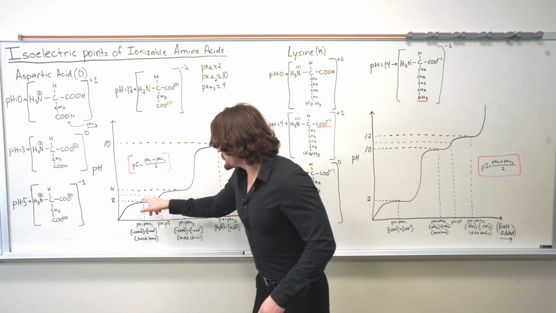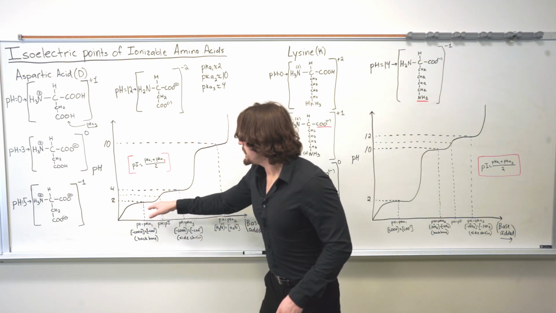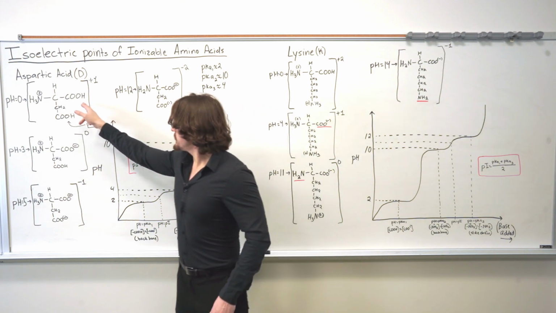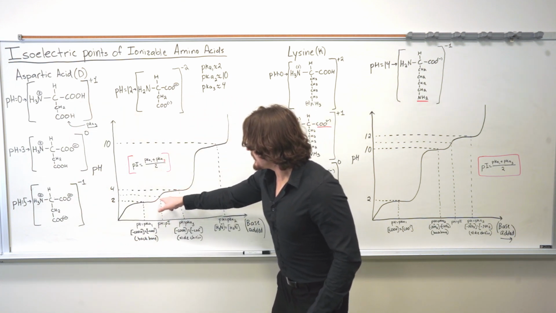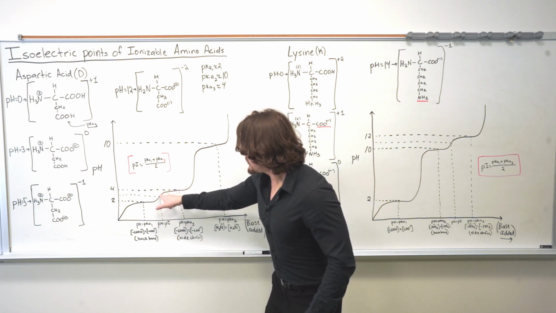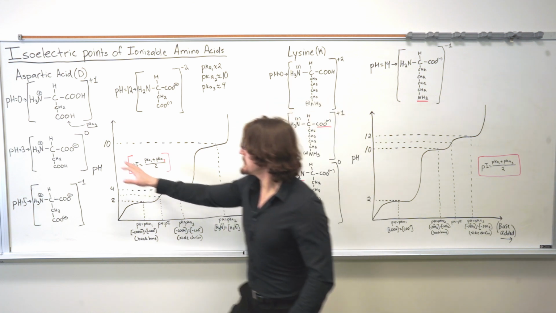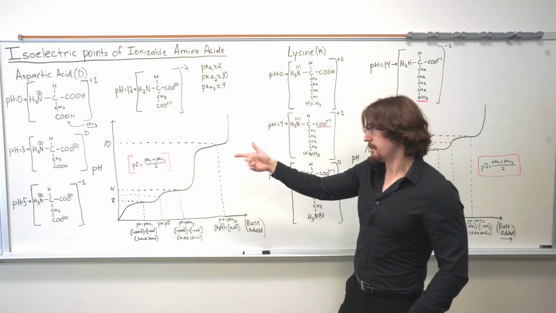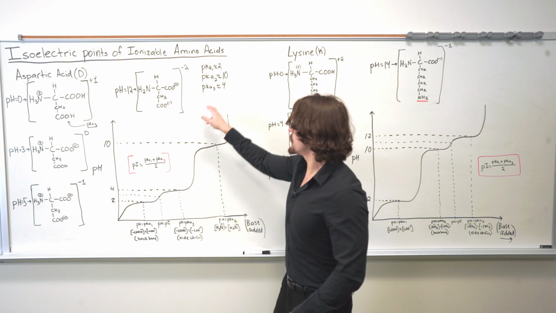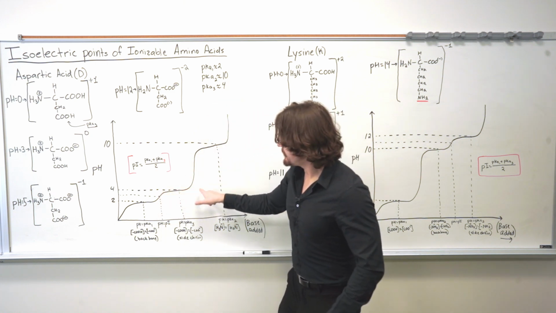And then eventually, if you continue to add base, you're increasing the pH, you're deprotonating pretty much all of this group. And then the pH suddenly starts to rise a little bit, okay? And it rises rapidly here in this region, but then it goes into another buffer zone. And that's because you have now this side chain, which starts getting deprotonated, okay? As the pH begins to increase over its pKa. And you get the second buffer region.